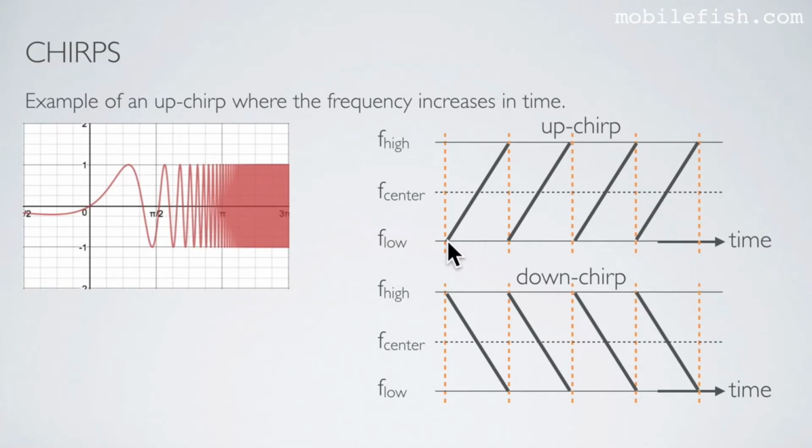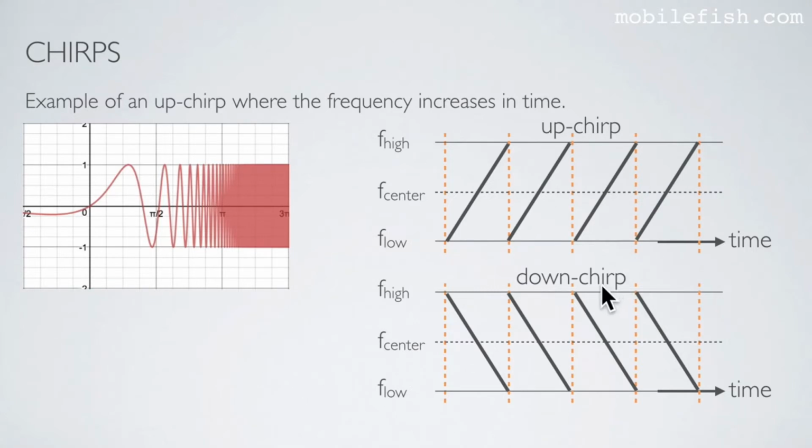Another way to visualize it: the lowest frequency is over here, the highest frequency is over here. The frequency increases in time. When the maximum frequency is reached, it jumps back to its lowest frequency and the process starts all over again. This is the up chirp.